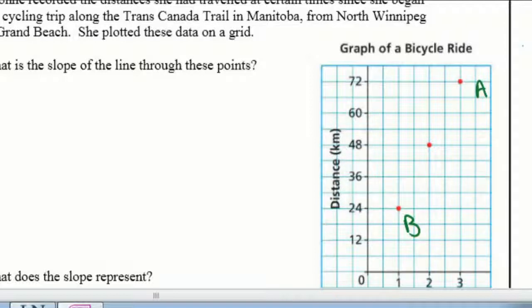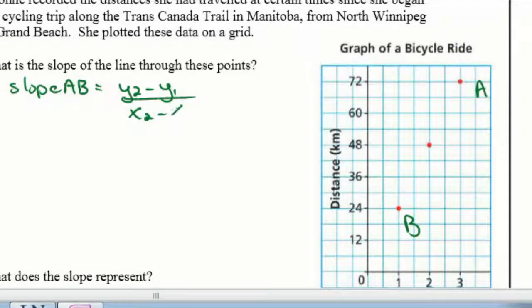So we're going to find the slope of the line segment AB, or the slope of the line that goes through A and B. Now we just said the slope is y2 minus y1 over x2 minus x1.